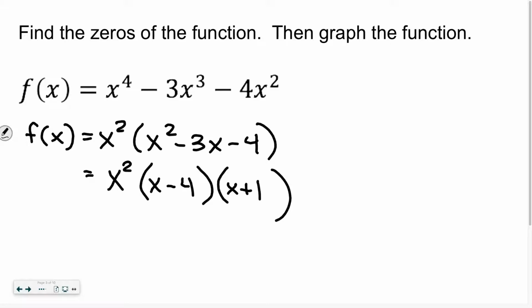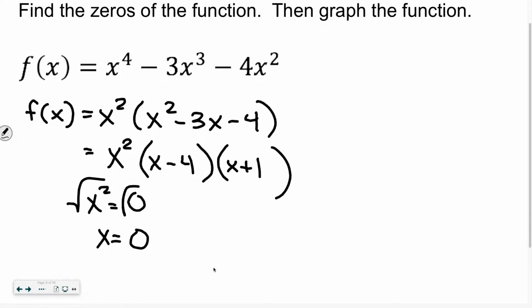Okay. And then we're going to set our factors equal to 0 and find out what our zeros are, right? So x squared equals 0. We would square root to solve, and we would just get x equals 0. Normally with a square root, what do we do? Plus or minus, but I'm not going to put that there because we would argue 0 is not positive or negative, so we don't really put plus or minus in front of 0.